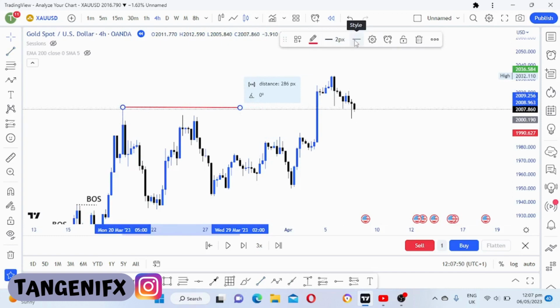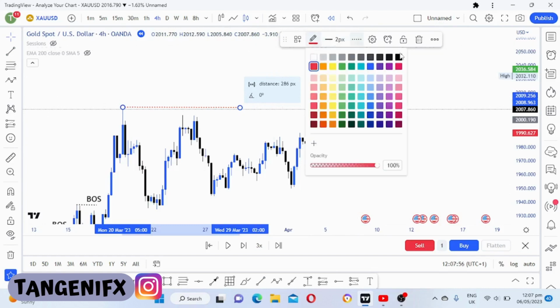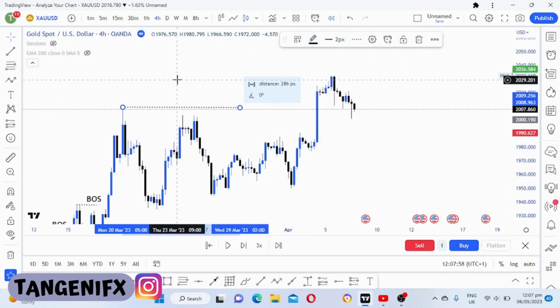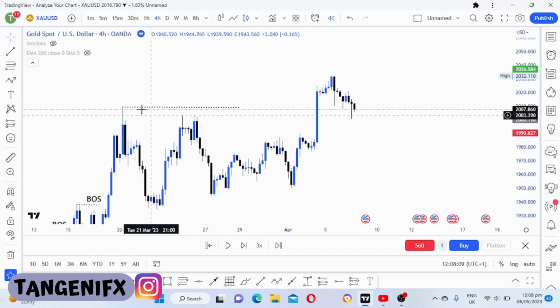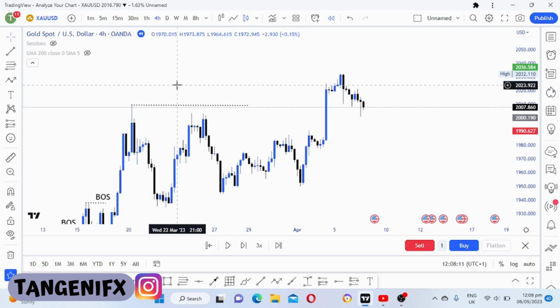One thing you must know is that when you are analyzing the market and you are looking to enter a market, whether a certain pair or gold or indices, there must be a break of structure.